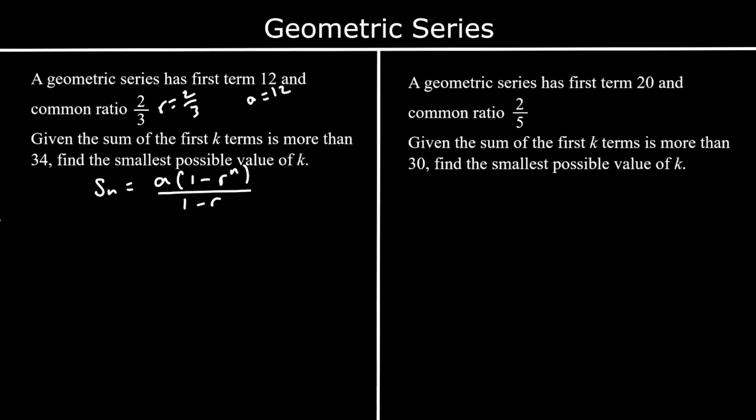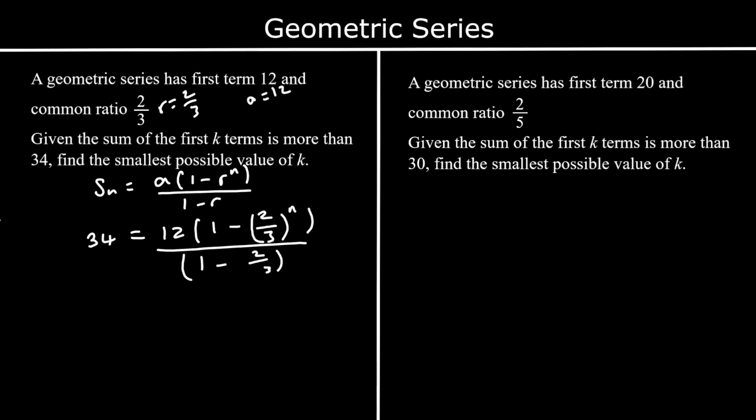And I'm just going to substitute in and find out what n has to be for the sum to be 34. So a is 12 times 1 minus 2/3 to the power of n over 1 minus 2/3.